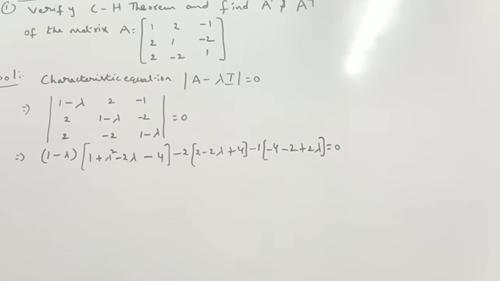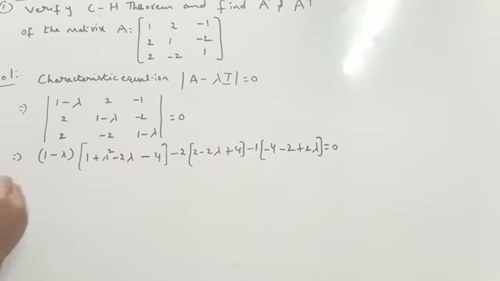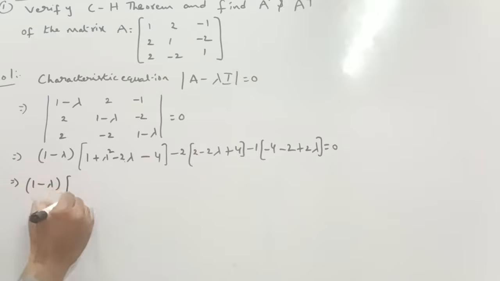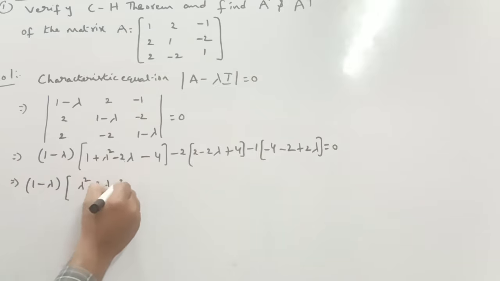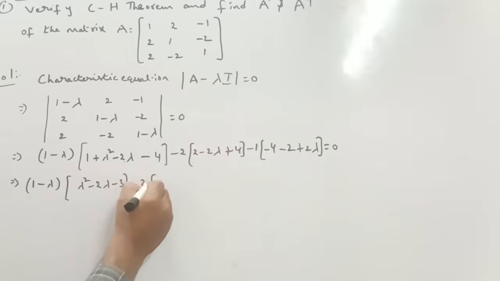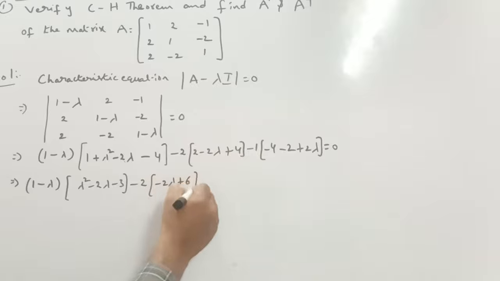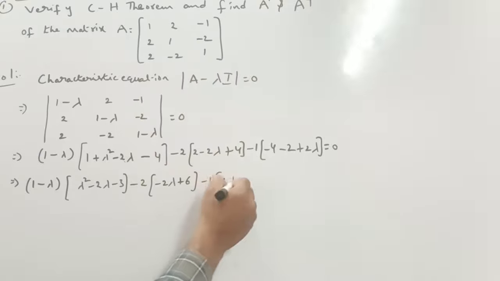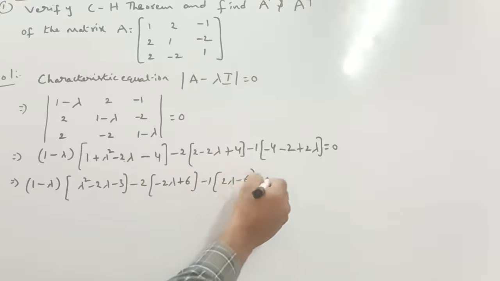So now simplify this characteristic equation. What I get here? 1 minus lambda into lambda square minus 2 lambda minus 3, minus 2 into minus 2 lambda plus 4, that is 6, minus 1 into 2 lambda minus 6 is equal to 0.